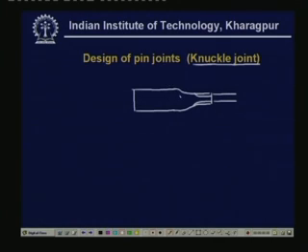This is one part which has a hole in it. Now this is a rod with a circular cross section, and if you look from the top it looks somewhat like this.